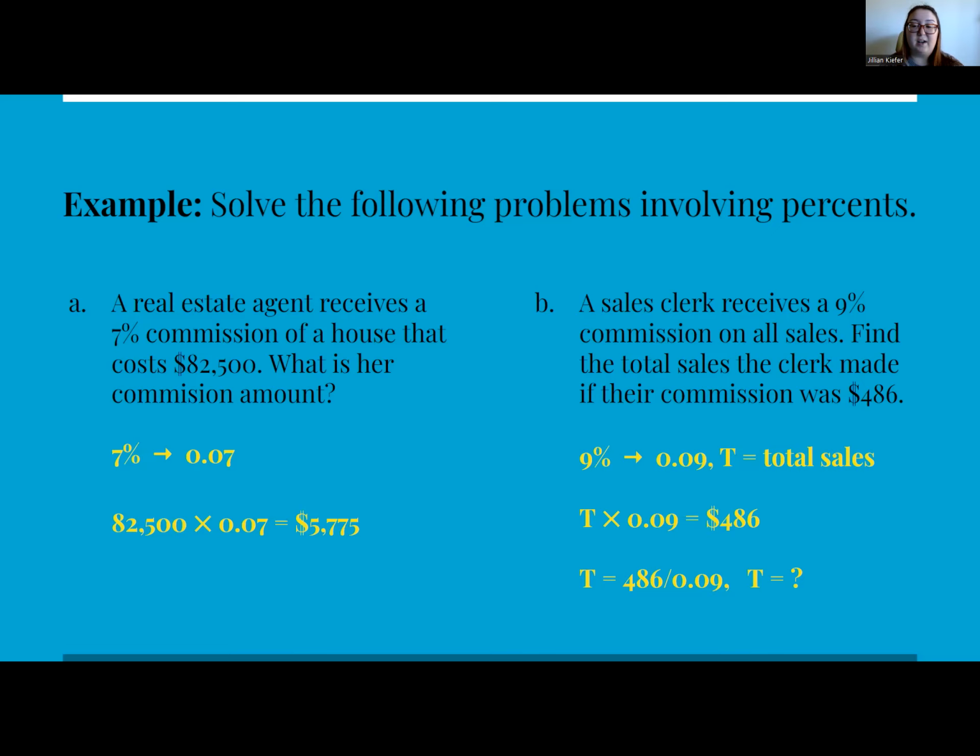So dividing each side by 0.09 gives us the total sales is 486 divided by 0.09, which gives us our answer of 5,400. So total sales must have been $5,400 in order for the sales clerk to receive a commission of $486 at 9% commission. So, all right, there's an example of following along a problem that just involves percentages.